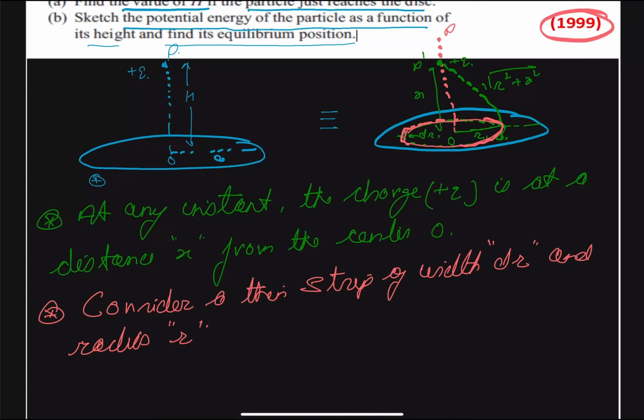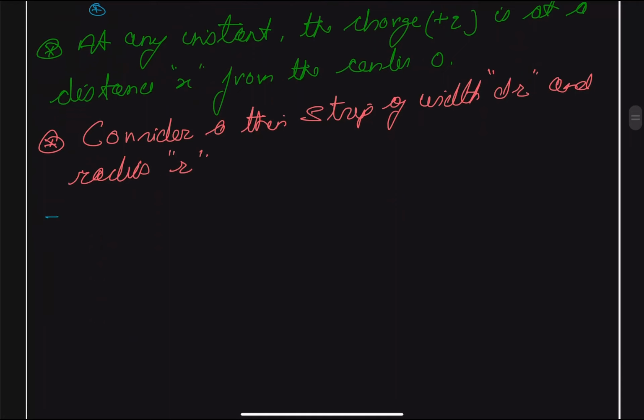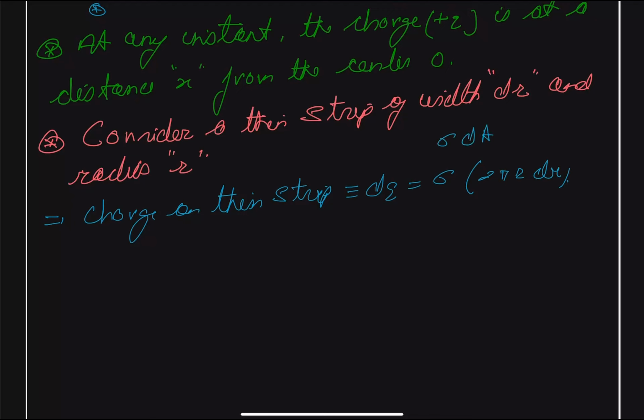Therefore, we can find out the charge on this thin strip, that is our dq. So you can say that the charge on the thin strip, that is our dq, will be equal to charge density multiplied by the area of the strip, that is pi r square, and its derivative will be coming as 2 pi r multiplied by dr, because it will be sigma and dA.